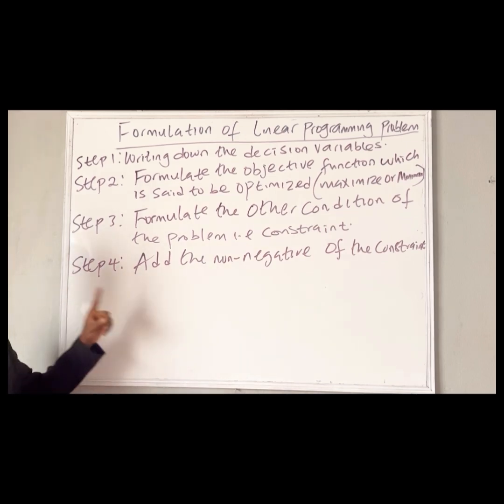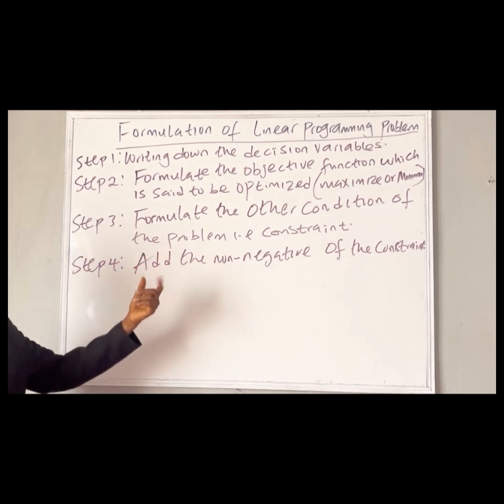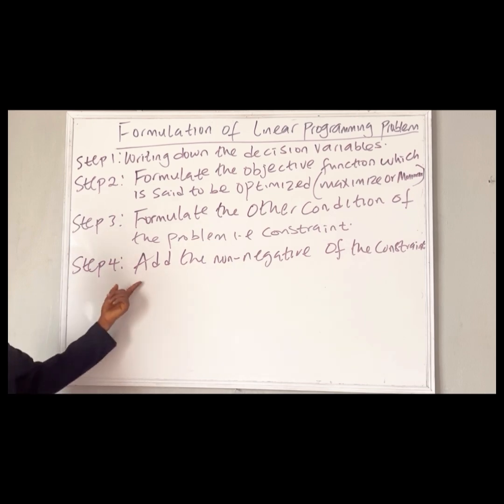The decision variables must be greater than or equal to 0. We must not have negativity. This is what step 4 is talking about, that we have to add the non-negativity constraint.